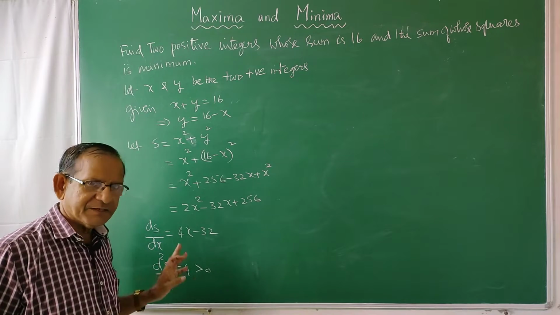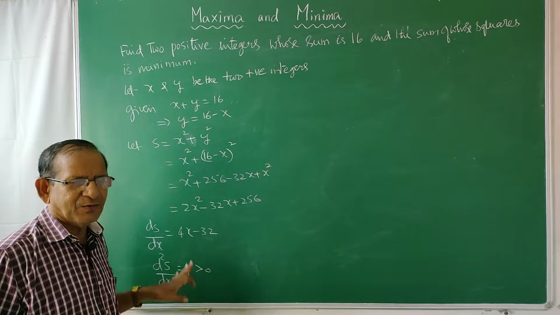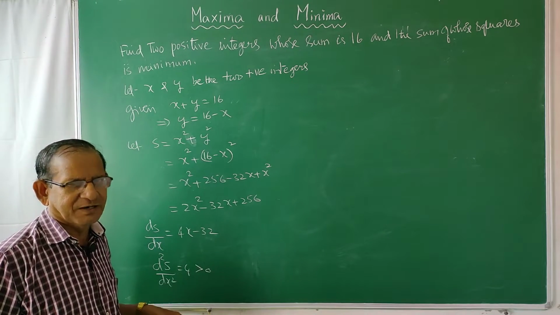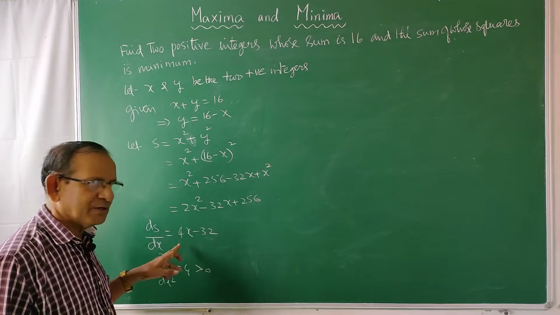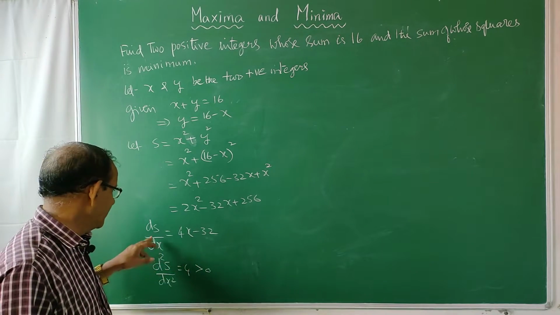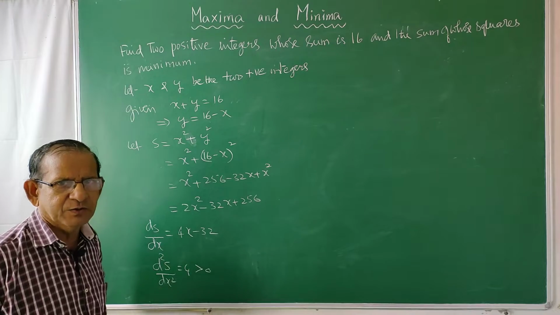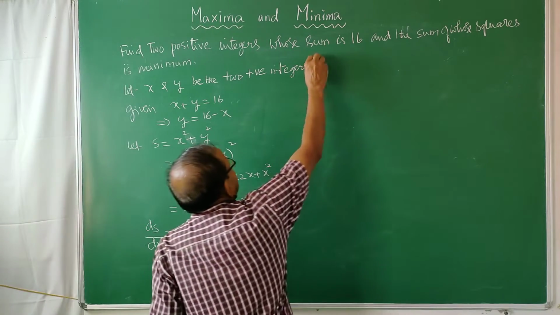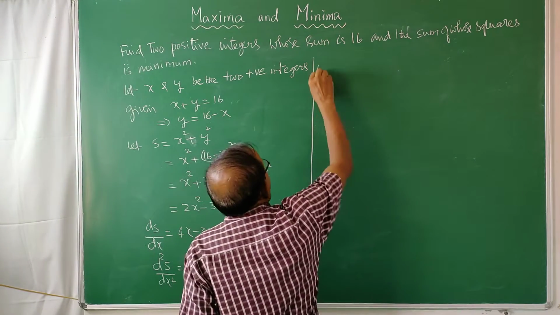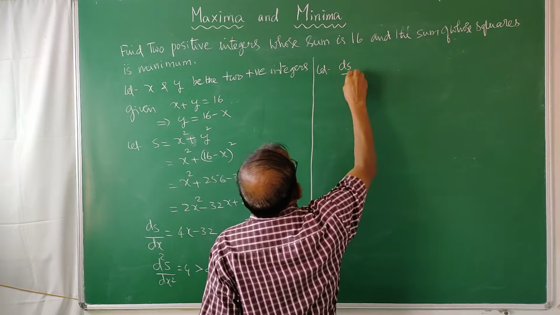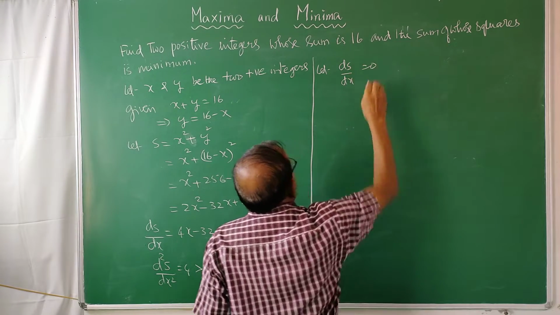If the second derivative is positive, we know that only least value is possible. When it is possible, to get that stationary value, we have to equate ds by dx value to 0. Let us equate. Let ds by dx is equal to 0.